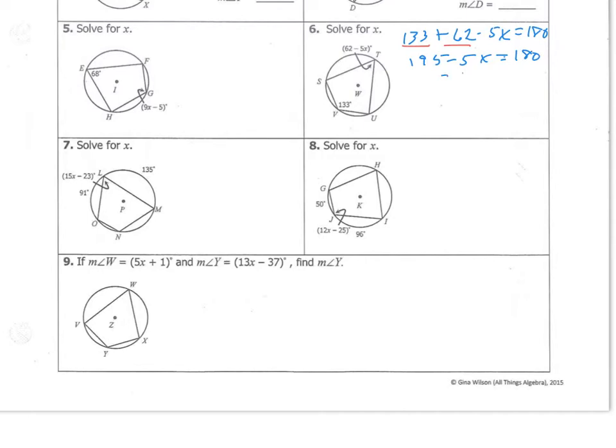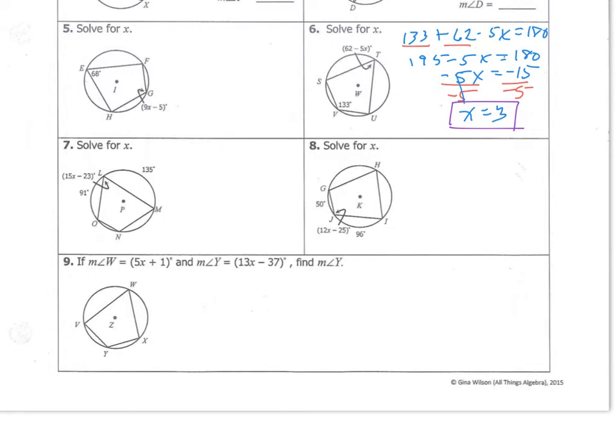So we're going to get negative 5x. And 180 minus 195 is going to give us a negative what? A negative 15. And when we divide both sides by that negative 5, notice that the negatives do cancel out. And you get x is equal to what? 3. And they are only looking for x.